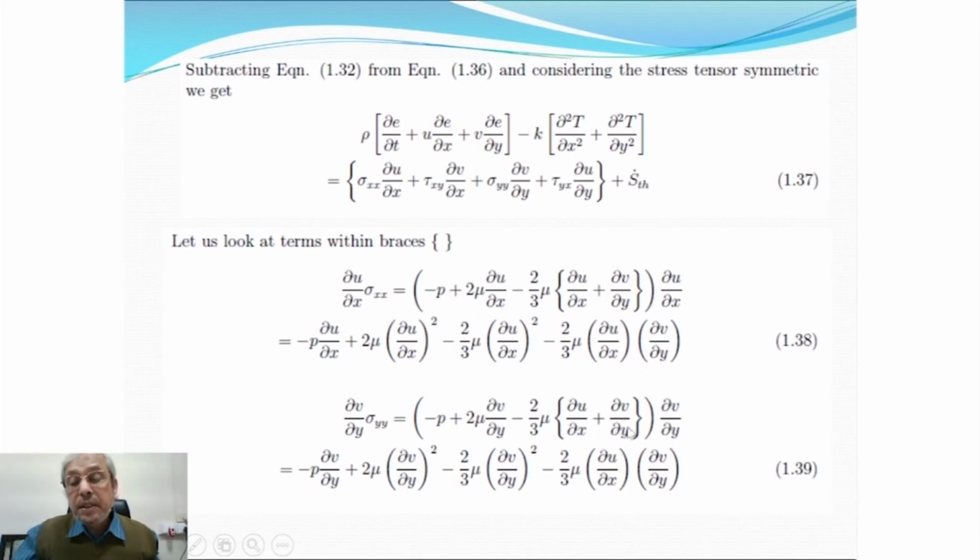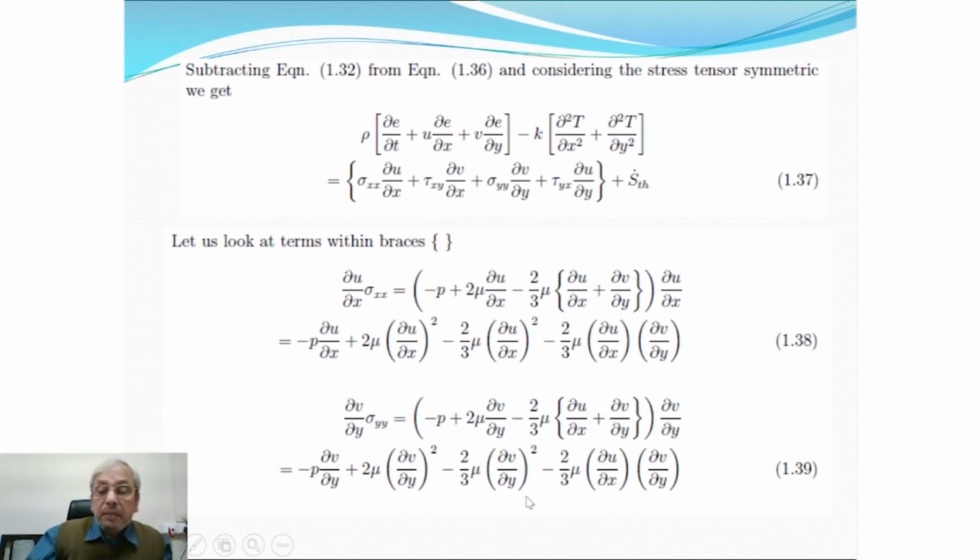We are not setting this equal to 0, not invoking the continuity equation for incompressible flows. If needed, we'll do that, but we have remained fairly general. Compressible or incompressible doesn't matter. We are writing for a general situation.